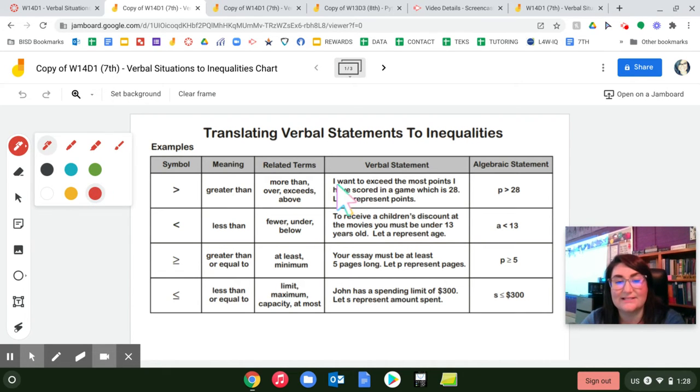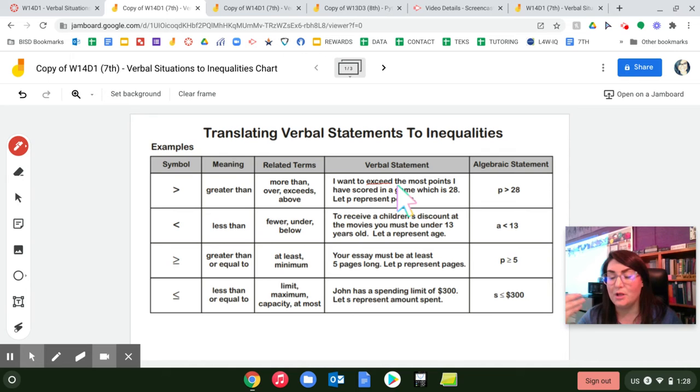This first one says, I want to exceed the most points I have scored in a game, which is 28. Let P represent points. They wrote out some words over here, but you don't have to do that. You can just underline the words that tell you what you're doing. Exceed means that you want to do better.